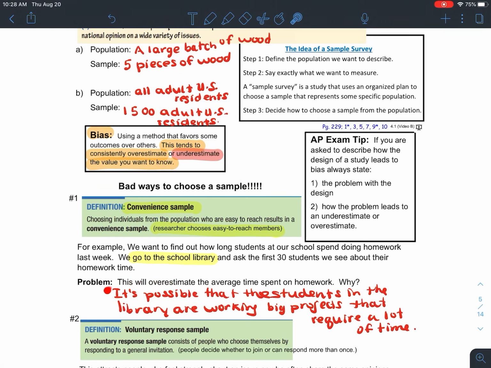And so it still possibly would be overestimating the average time spent on homework because of the location that you're going to select your sample could be filled with people that are more inclined to spend more time on their homework or be more studious in that way, okay? So convenience samples tend to lead to bias because they're not truly a random process, okay?